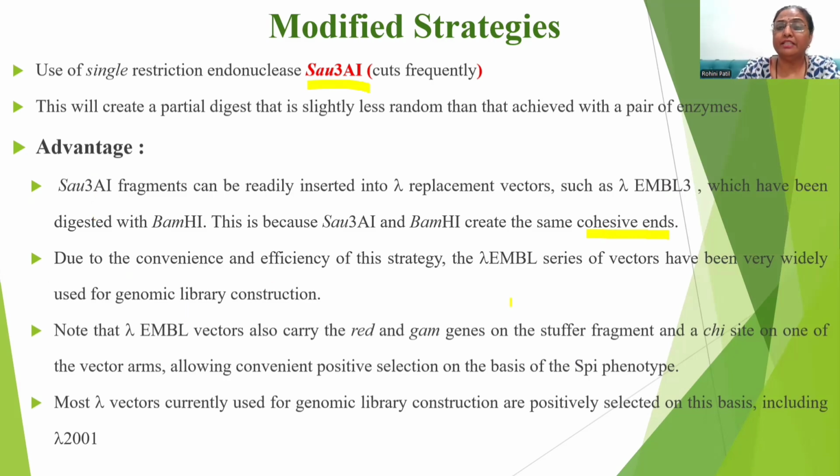Now here we can see, due to the convenience and efficiency of this strategy, the lambda EMBL series vectors have been very widely used for the genomic library construction, because there is a use of the Sau3AI enzyme which is used for the isolation of the 20 kb fragment, and the Sau3AI ends generated are like the BamHI ends, and this BamHI is allowed to cleave the lambda EMBL3 vectors.